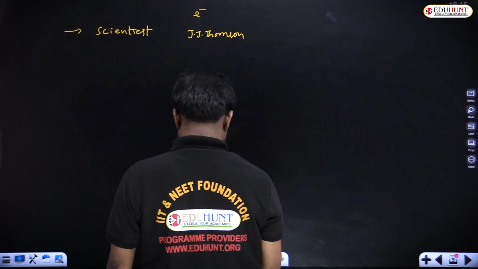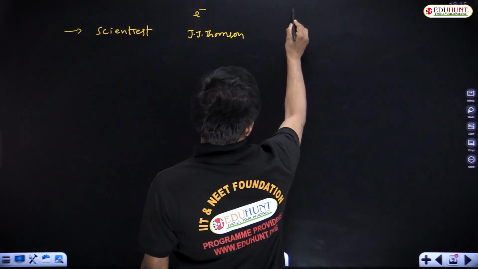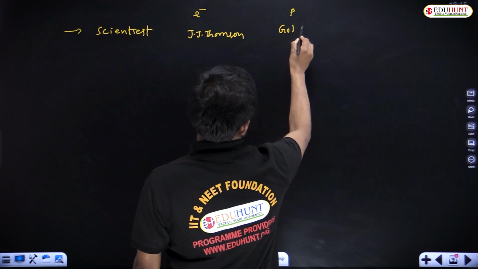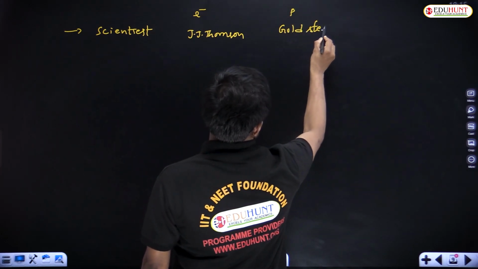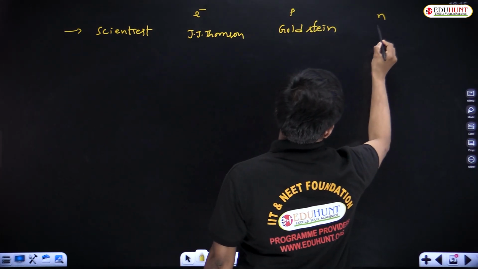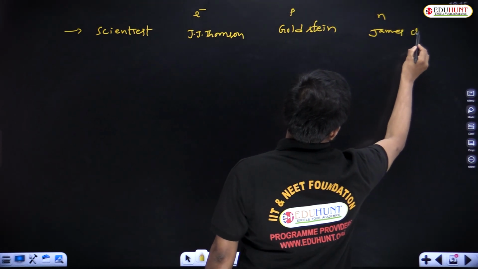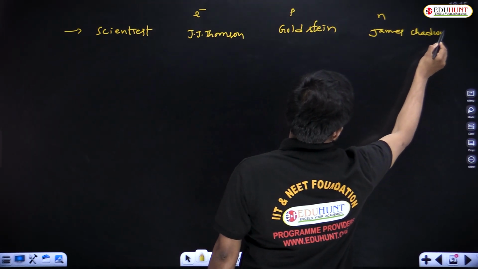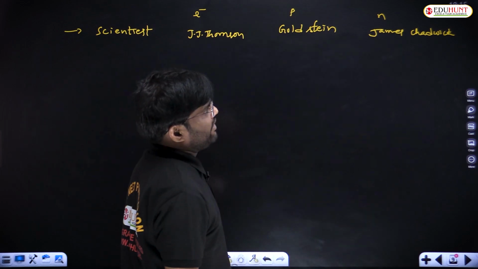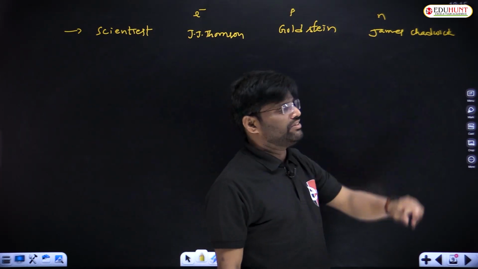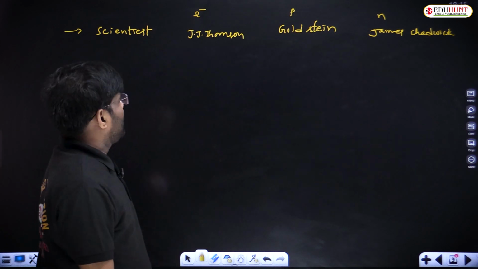Next, proton: Goldstein. The proton was discovered by Goldstein, and the neutron was discovered by James Chadwick.